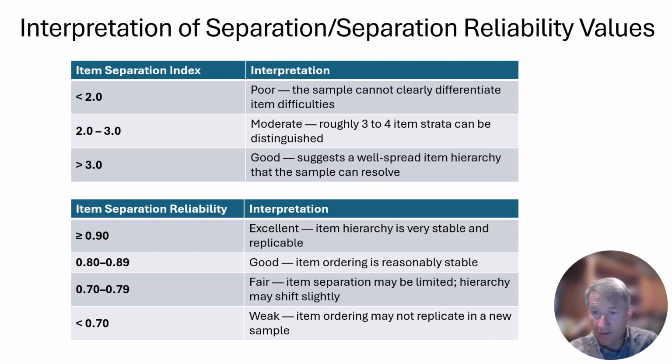And then at the bottom end, if we are observing reliability values below 0.70, that's considered weak. And in those situations, we might expect that the item difficulty ordering that we observed in one sample may not replicate in some new sample of different respondents.